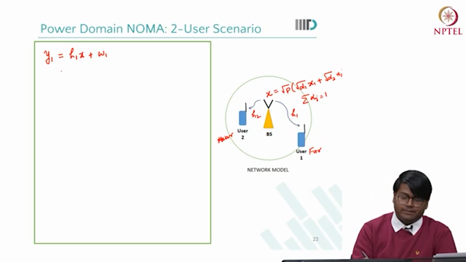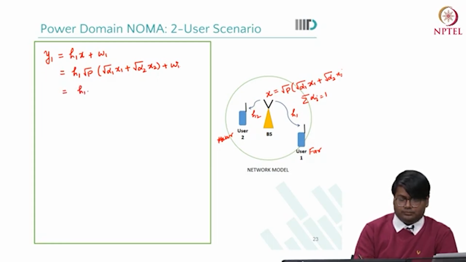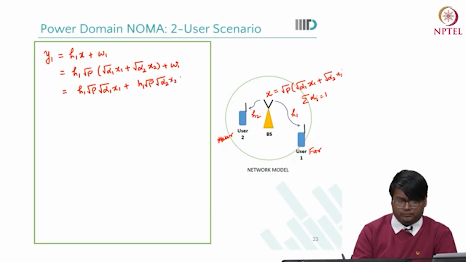If we further simplify this received signal, we can obtain H1 ... So this is my noise component. This is my desired and dominating part.